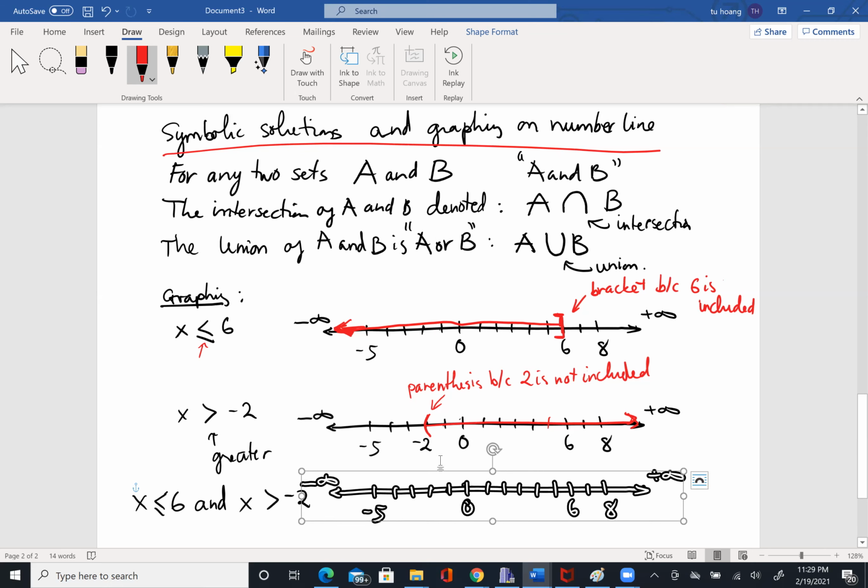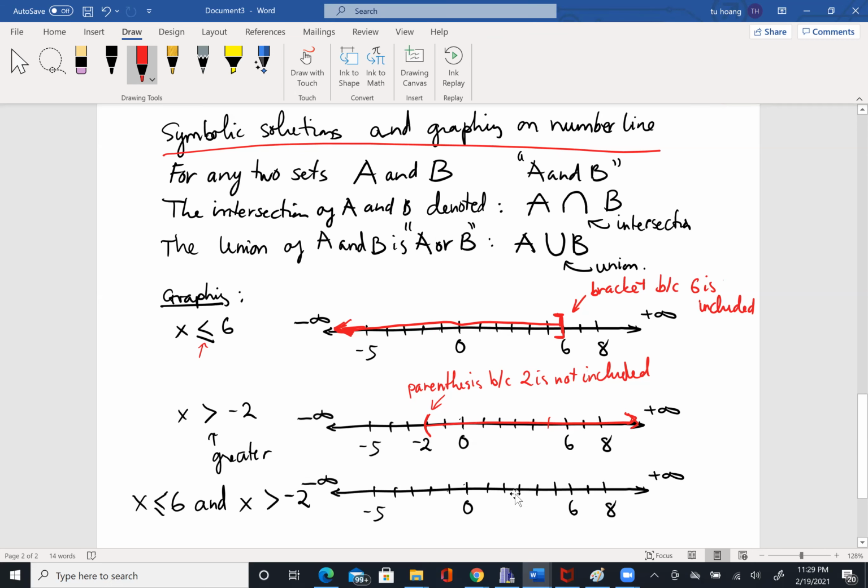All right. So you can see that this is an N. A compound inequality with N. So N means that it is an intersection between A and B. So what is the intersection between A and B?